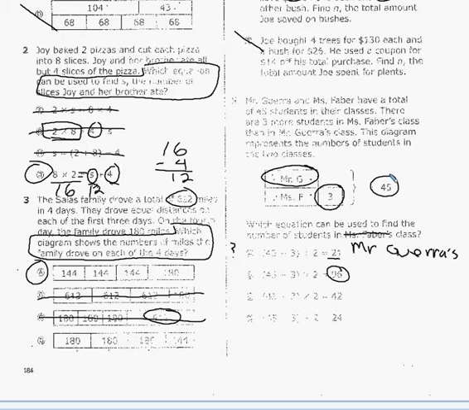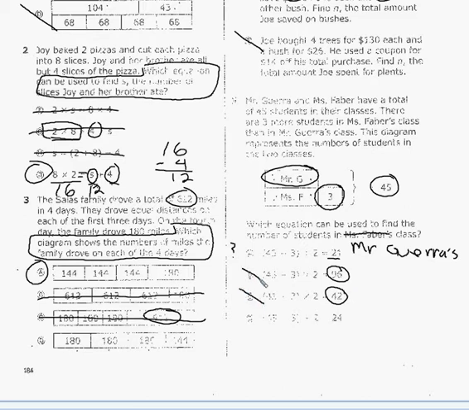And 42 sounds like way too many students because they have close to the same amount. As a matter of fact, that equation doesn't work out at all, because 45 minus 3 would be 42, and if you multiplied 42 times 2, you'd end up with 80-something. So that equation doesn't really even work.